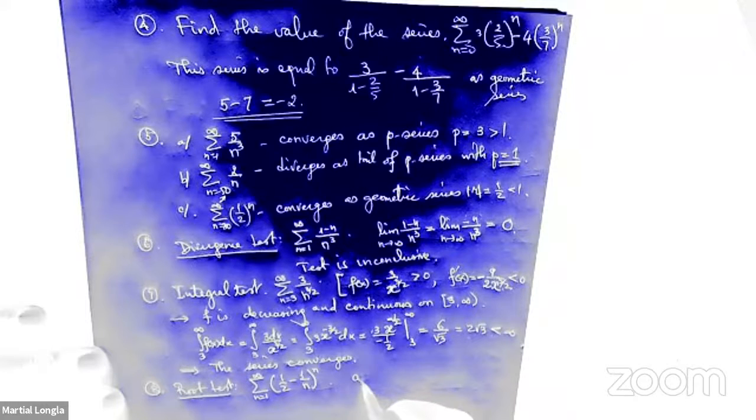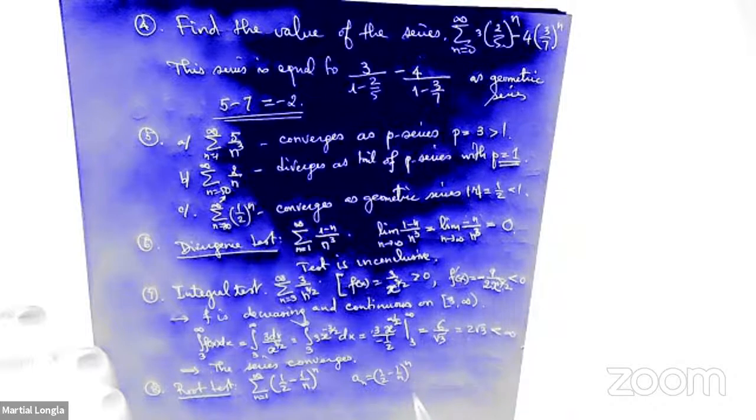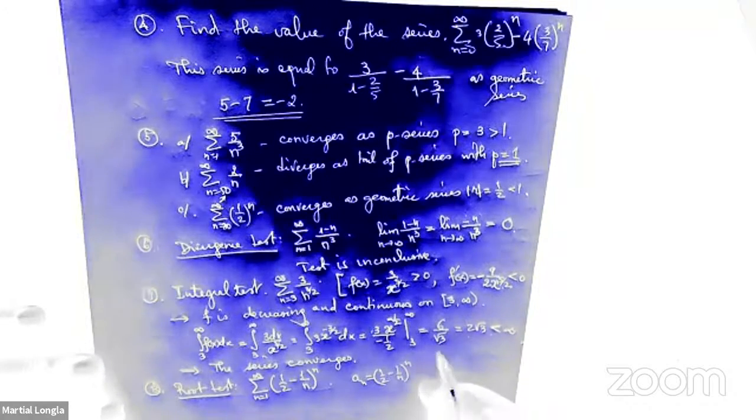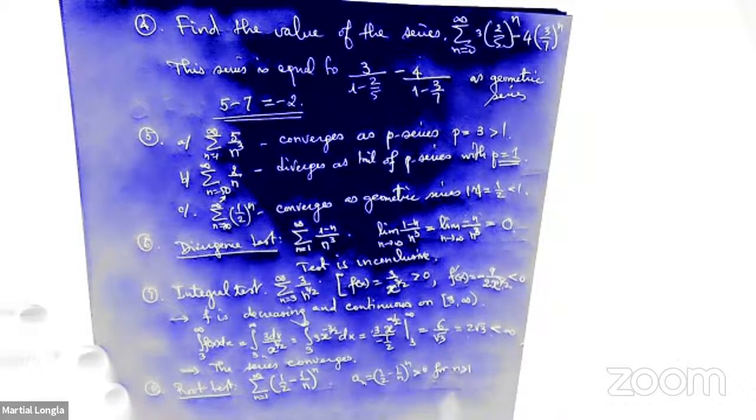So an is equal to (1 half minus 1 over n) to the power n, and this an is larger than 0 for n larger than 1.